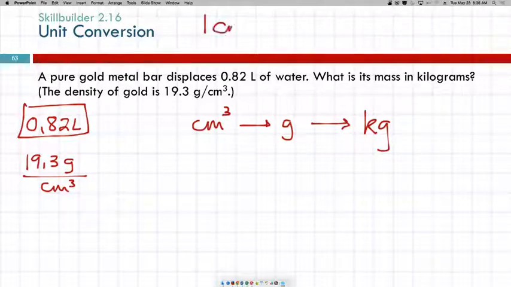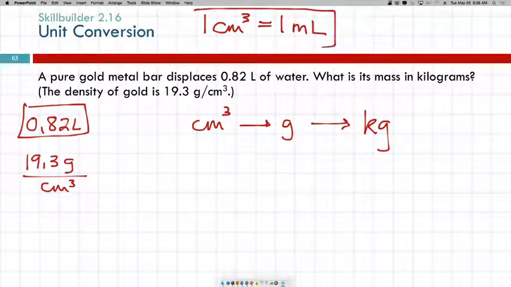This is an often overlooked, very simple conversion factor. 1 cubic centimeter is exactly the same as 1 milliliter. Okay, so you should put that on your flashcards. 1 cubic centimeter equals 1 milliliter. Would that be useful?